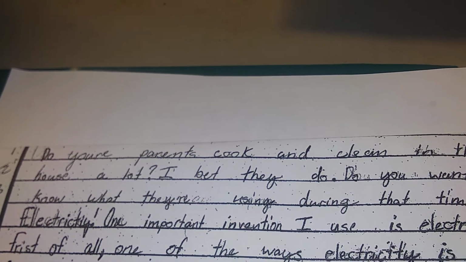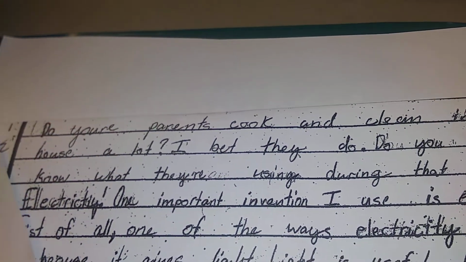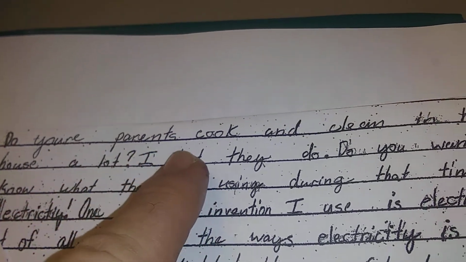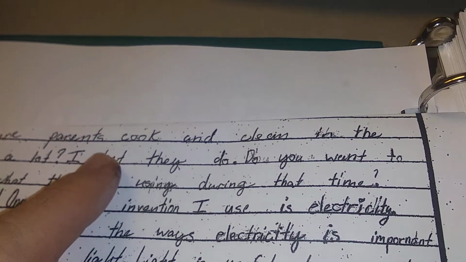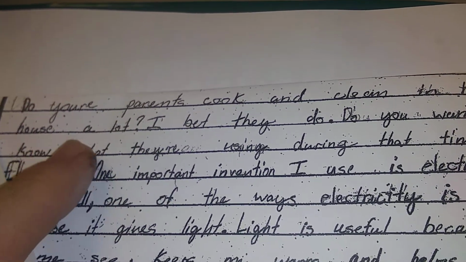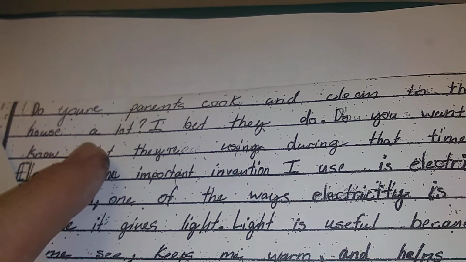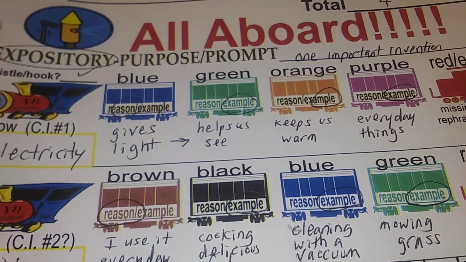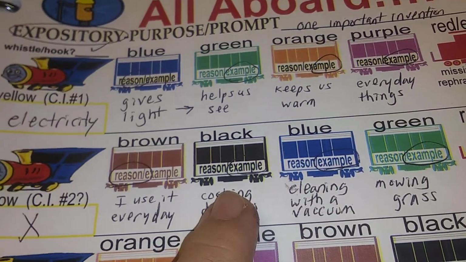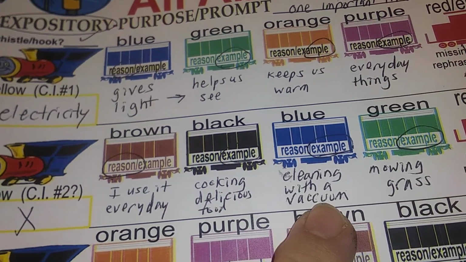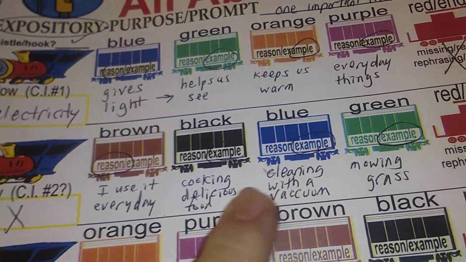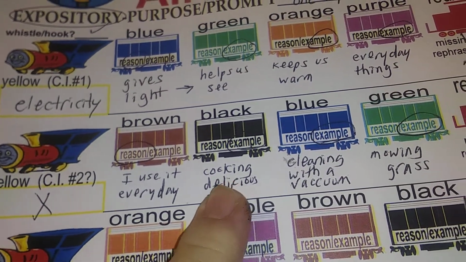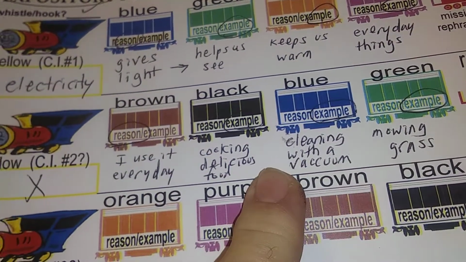It says, do your parents cook and clean in the house a lot? Because we talked about, remember, cooking down here and cleaning down here. Well, if you're going to keep that question, then I would ask questions about the cooking and cleaning.